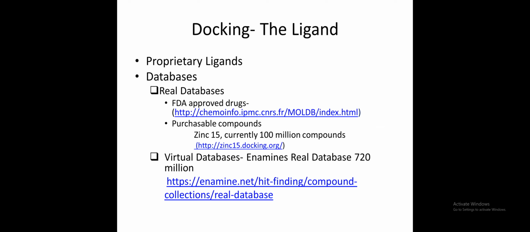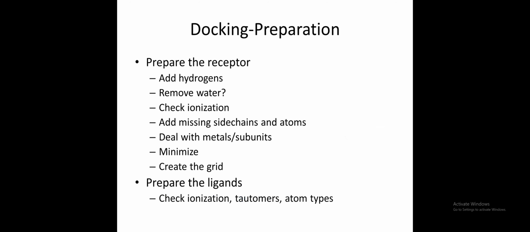It's been estimated that of these 720 million compounds in Enamine, 85% are thought to be reasonable with regard to synthesis. But this can be a problem as far as just looking at virtual databases. And we'll move on.